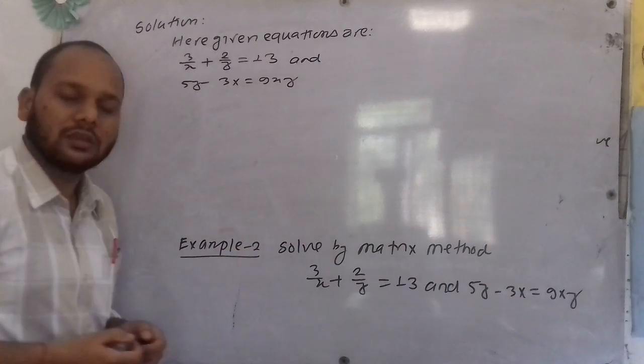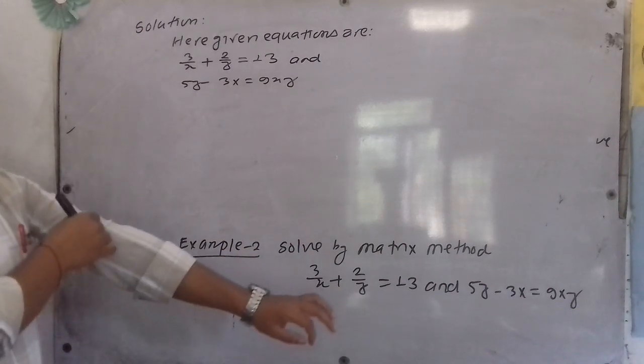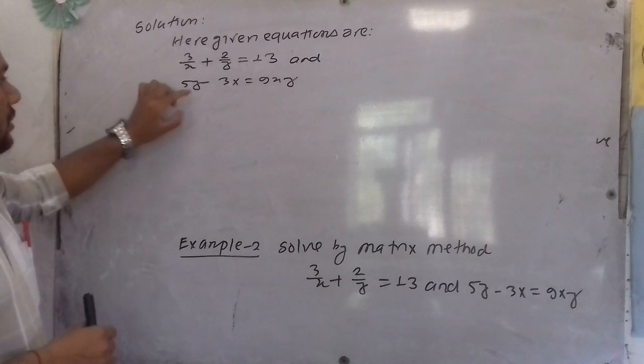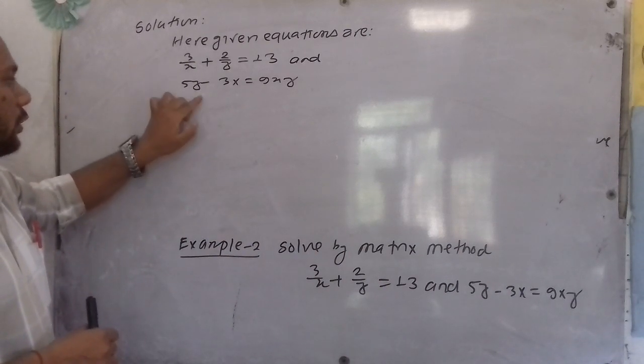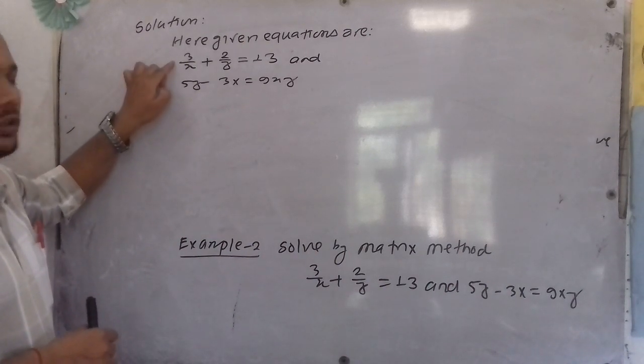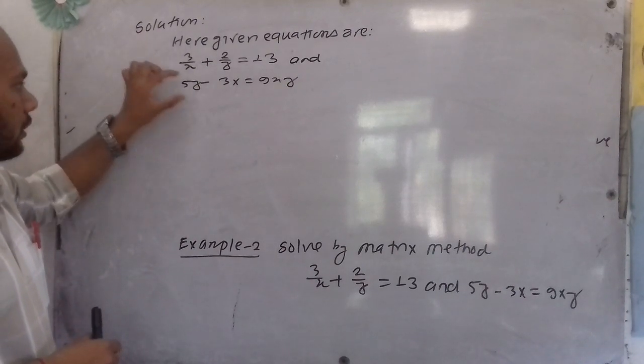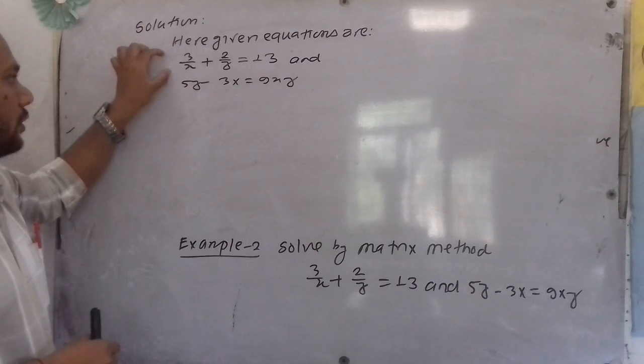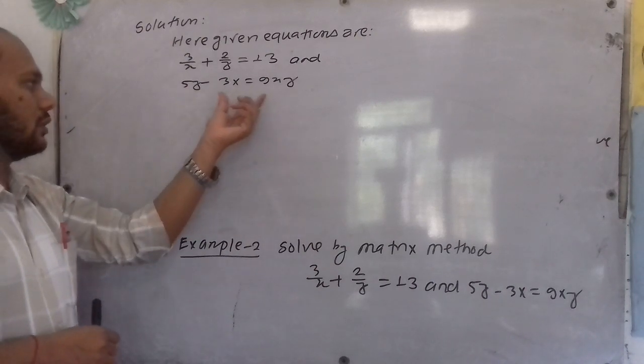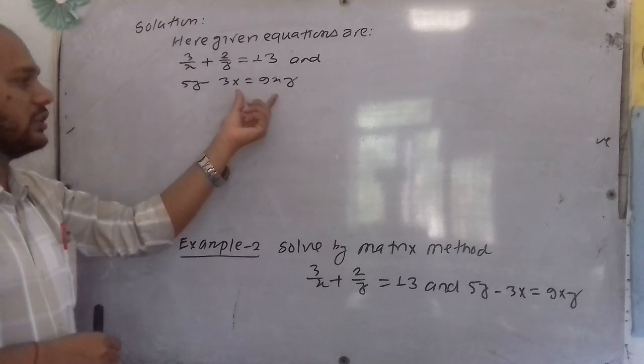My dear students, we convert this equation into the form of the first equation. To express the second equation in the form of the first equation, we divide this equation on both sides by xy.